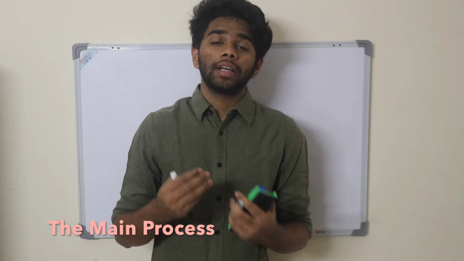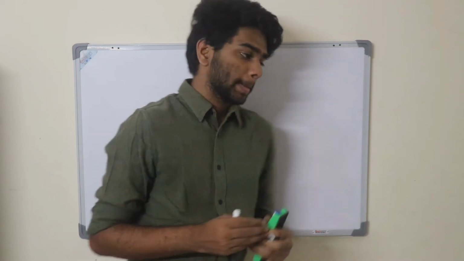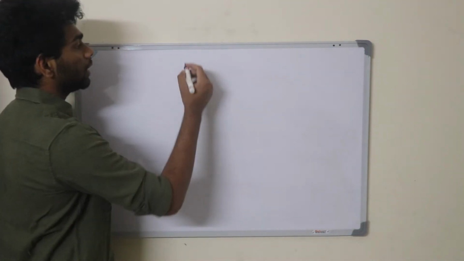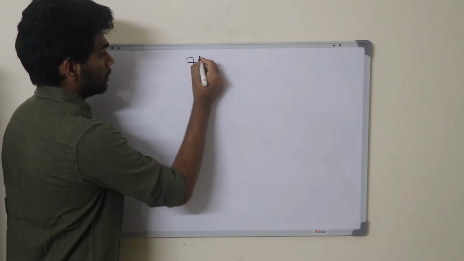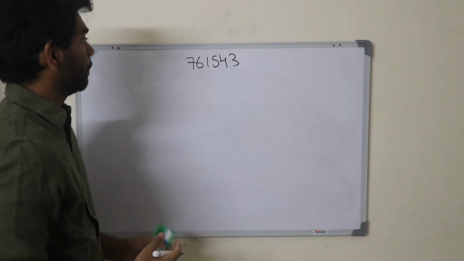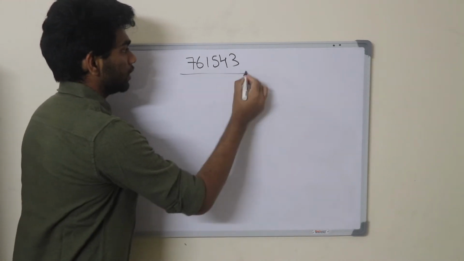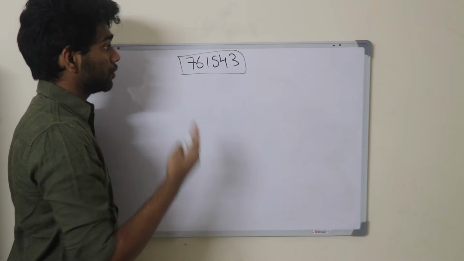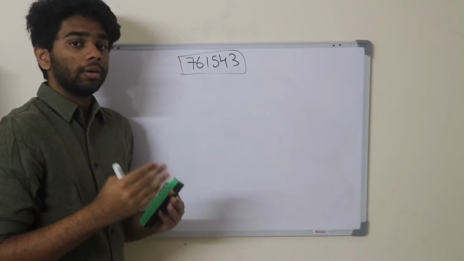Now I'm briefly explaining how the divide and conquer algorithm works. For example, let's take an array of 7, 6, 1, 5, 4, 3. As you can see, it's a 6-digit unsorted array.